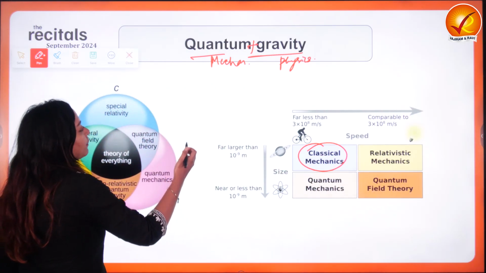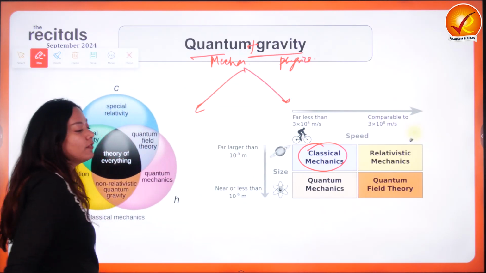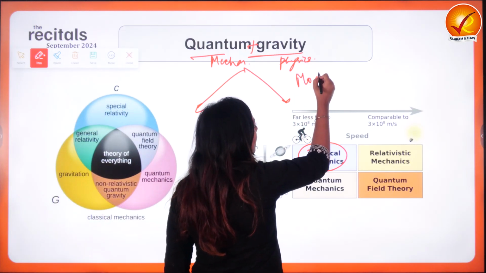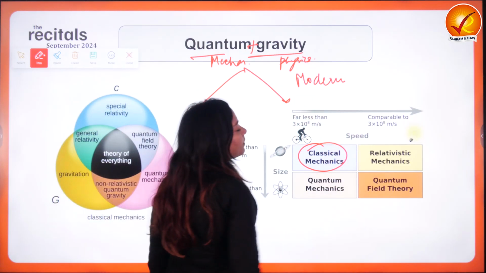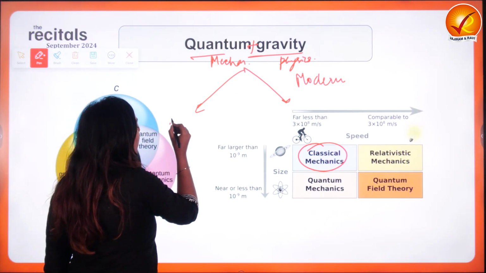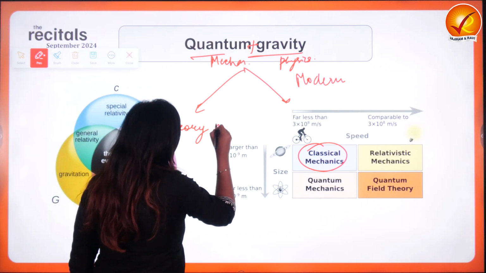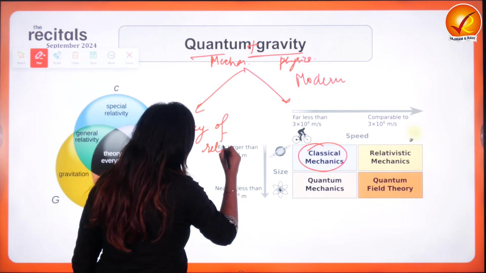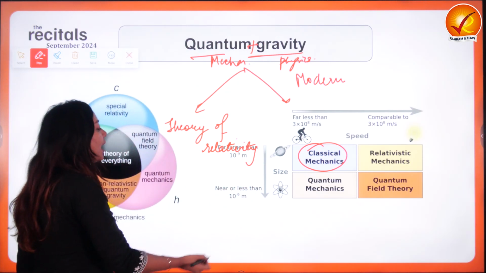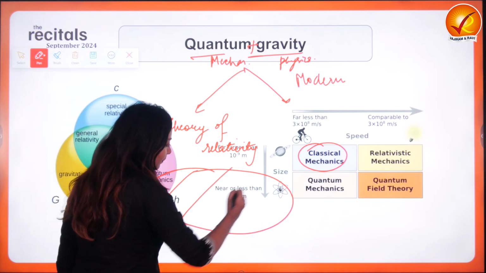For more cosmic bodies, we now have different branches of physics which come under modern physics theories. So against the gravitational mechanics, we have Einstein's theory of relativity, which suggests that the entire cosmic space is nothing but a trampoline, a fabric of space and time.